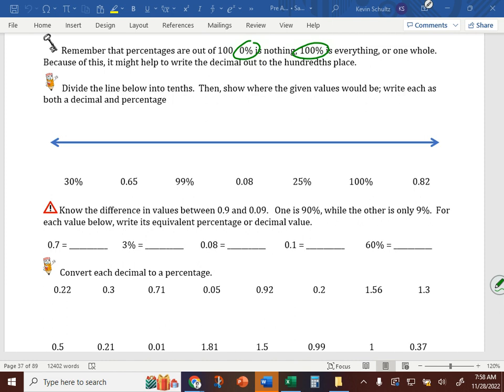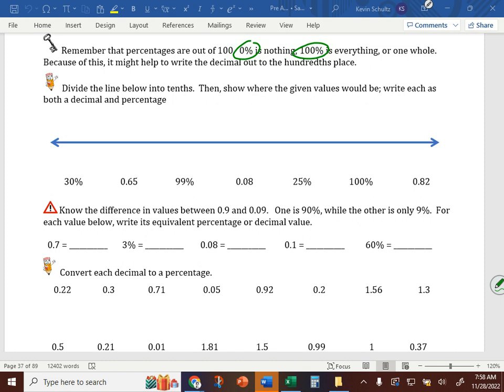Some of you in your grade right now have above 100% because you've gotten everything plus some extra credit. The one phrase you've probably heard before is give 110%, right? That means like give more than you actually can give, which seems kind of contradictory, but whatever. Okay, but percentages are typically from 0% to 100%.